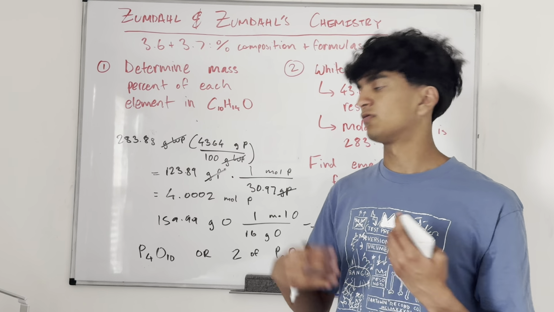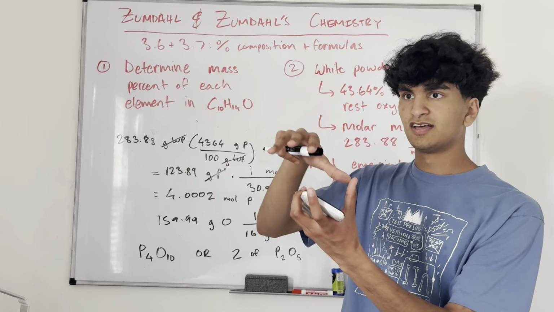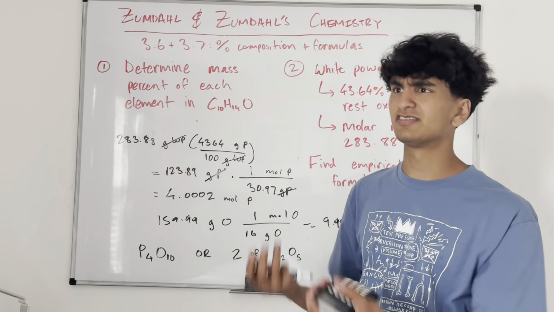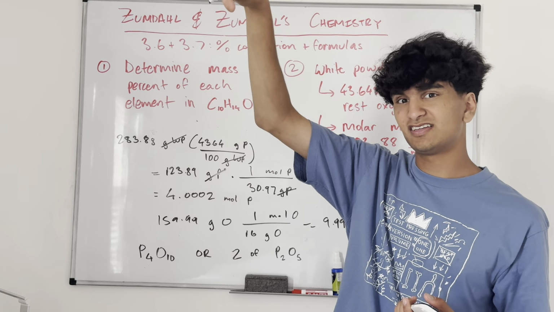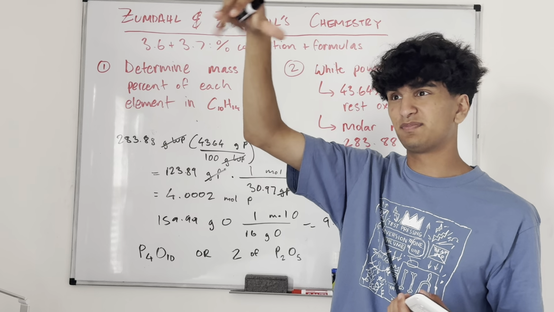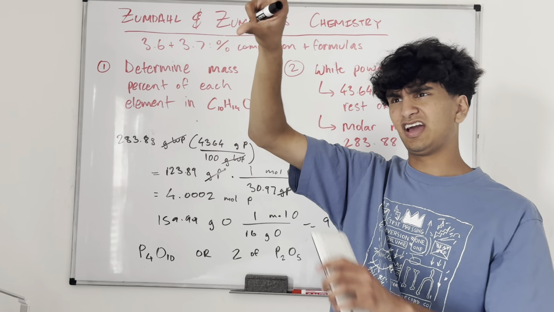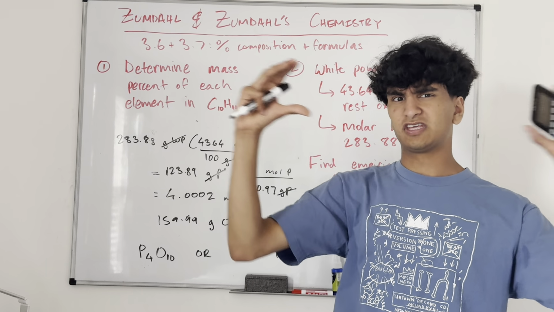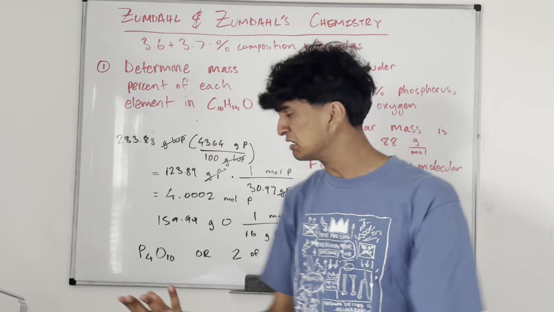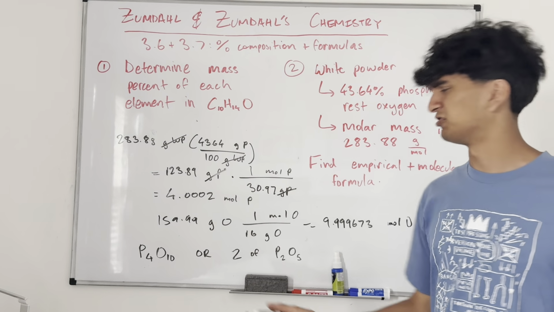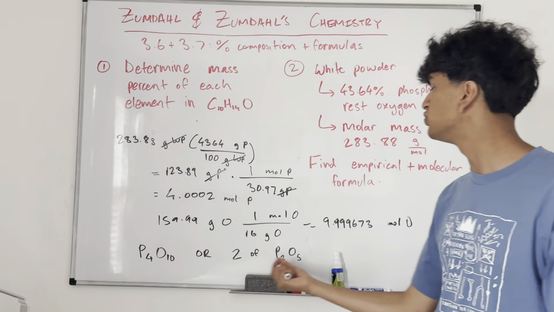I guess you could think of it as, well, I could either have 4 dozen eggs and 10 dozen cups to make a dozen super big cookies, or I only need 2 dozen eggs and 5 dozen cups to make half the cookie, and then the other half to make the other half of the cookie, which would come together to form the full. And then you could call the other half its own cookie. Yeah, the analogy starts breaking down, but hopefully you can understand that instead of just saying P4O10, I can just say I have 2 of P2O5.